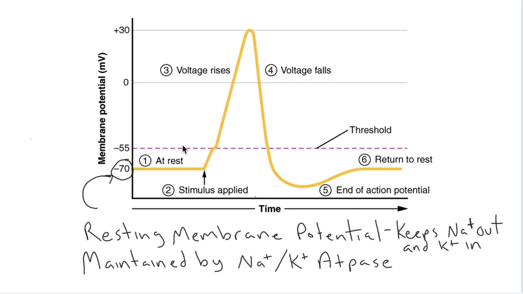This happens very quickly, but so you are aware: sodium rushes in here, potassium leaks out here as the sodium gates close, so the sodium's not rushing in anymore, potassium is leaking out, and then this pump has to return everything back to normal.